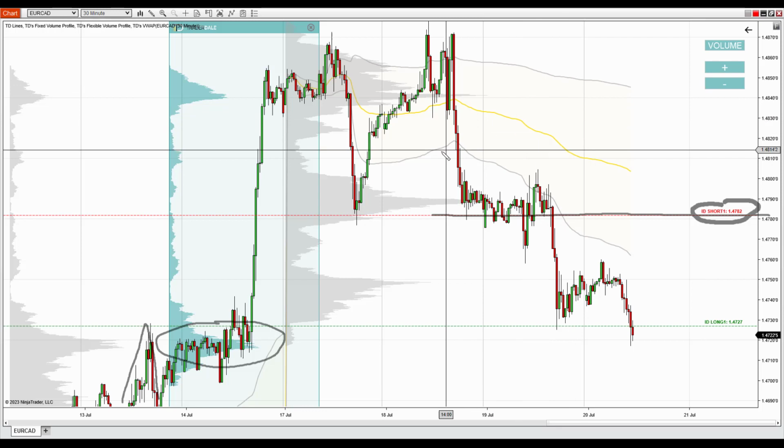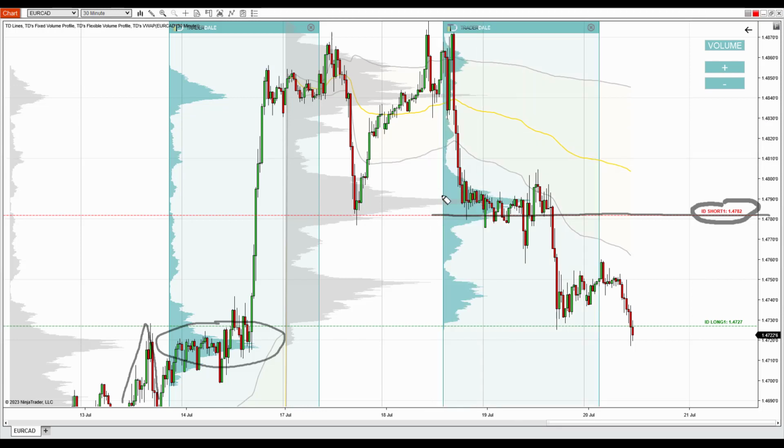Because if you look in here, we also had a rotation where heavy volumes were traded, and from there strong trend activity. So this is the same setup, only in this case there was an uptrend, so that's why we had a support, but here there is a downtrend, so that's why this is a resistance, right?